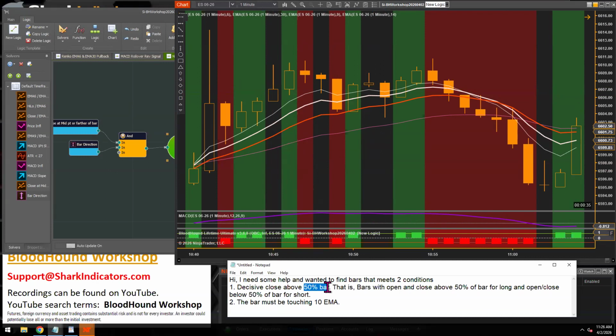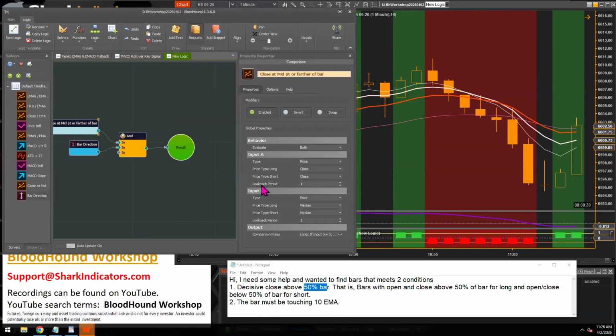The 50% of the bar is achievable only because we have a price point from NinjaTrader to do that, right? So if you want anything else, you need a custom indicator that goes in and does that math. So yeah, it's a two-part mathematical formula there to do that.